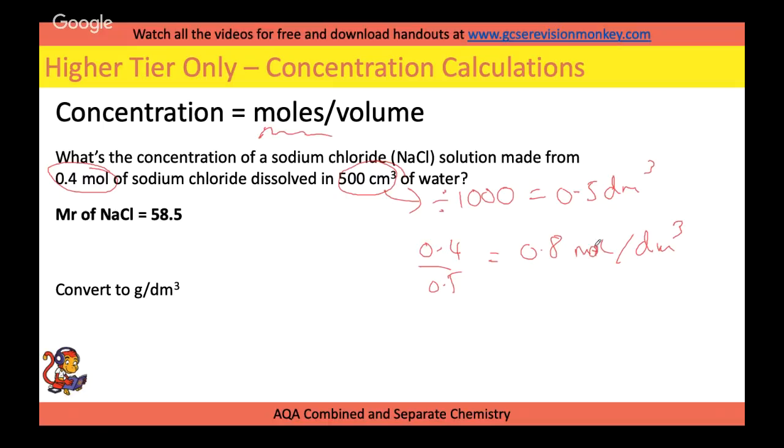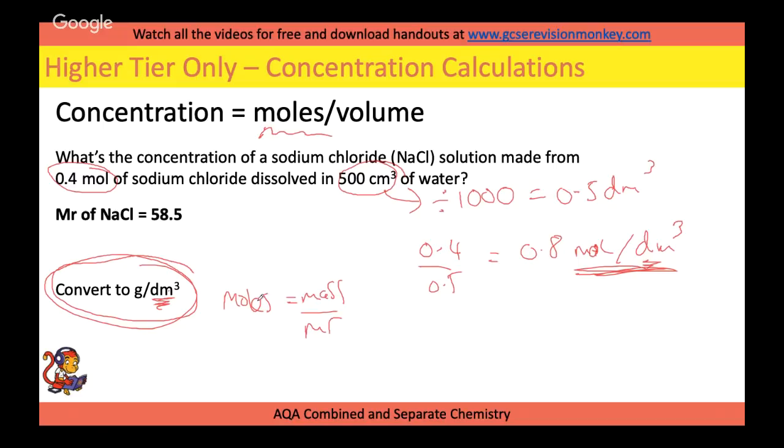Now, if you're wanting moles per decimetre cubed, but then you need your answer in grams per decimetre cubed, the decimetre cubed bit is staying the same. So you need to think how you convert moles to grams. So then you use the equation moles equals mass over Mr. So if we want to get from moles to mass, we would need to multiply by the relative formula mass.